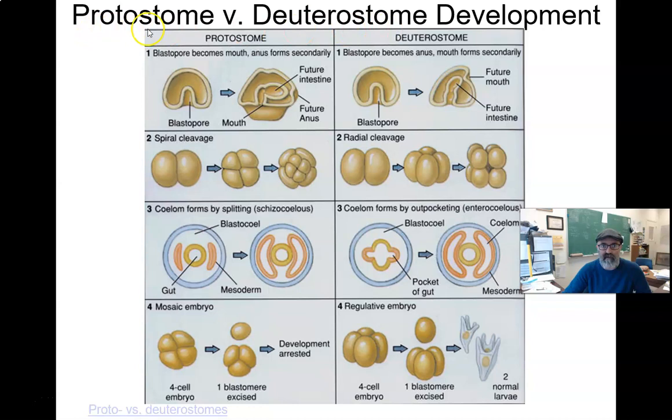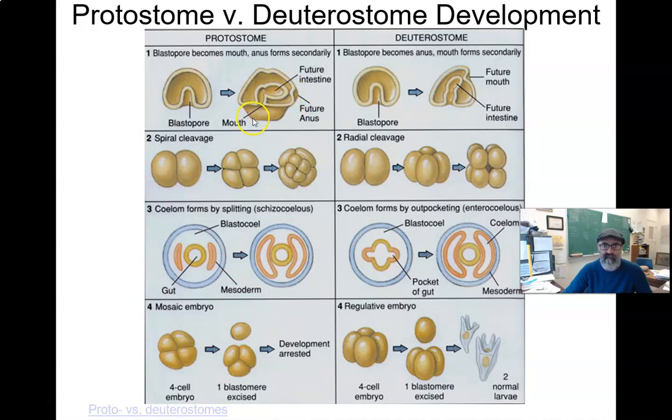second mouth. So as an animal develops, right, it at some point develops into a multicellular hollow ball of cells, right? And that invaginates or dimples in, and that pore, the blastopore that forms, continues to grow, and it forms a tube, right?